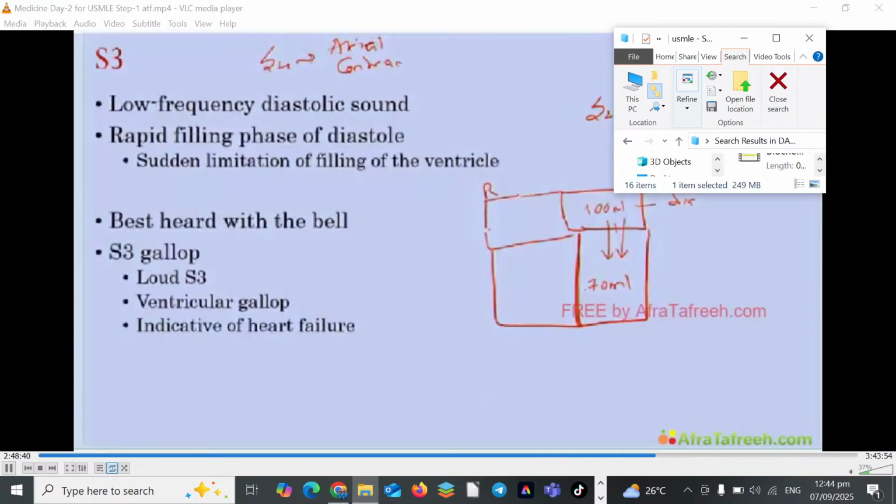This bus ho gaya is S3. When the ventricles are dilated to their maximum, it stretches and it tries to come back. And this creates a sound which is called the third heart sound. If you don't remember what this is, bus ho gaya.